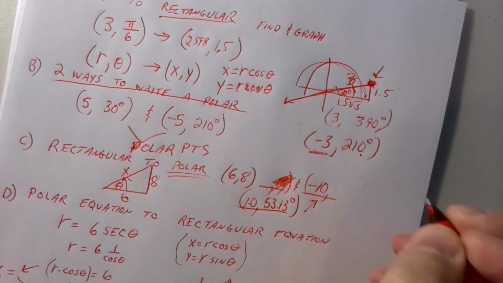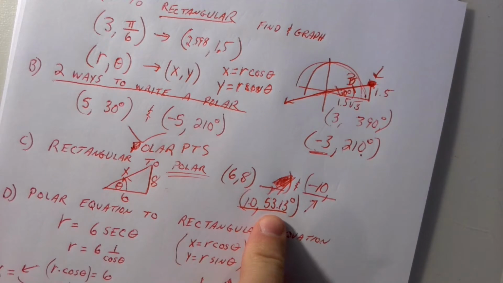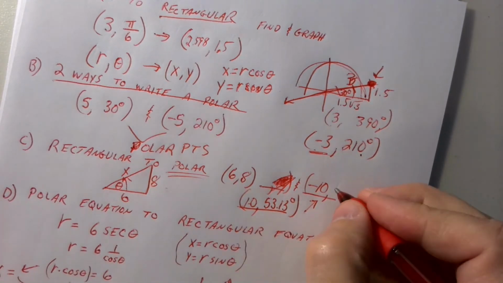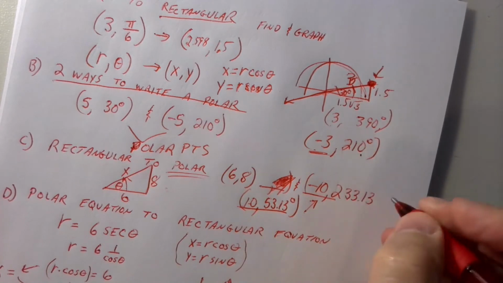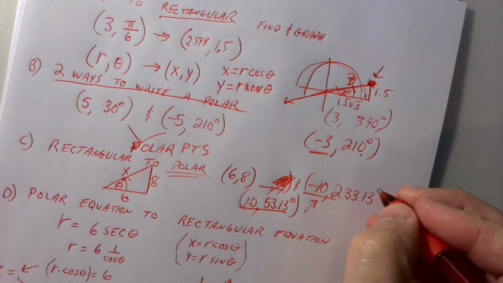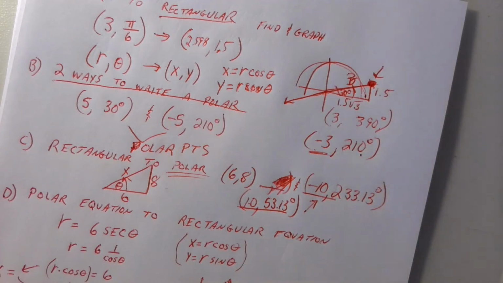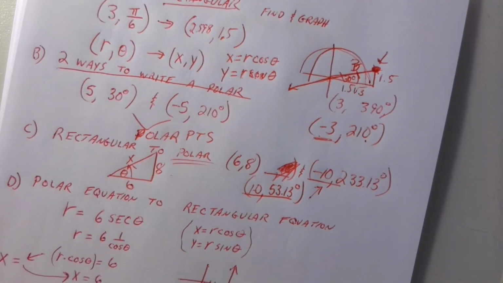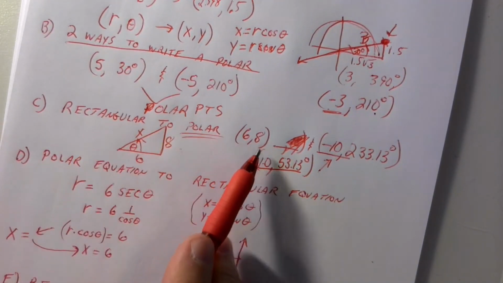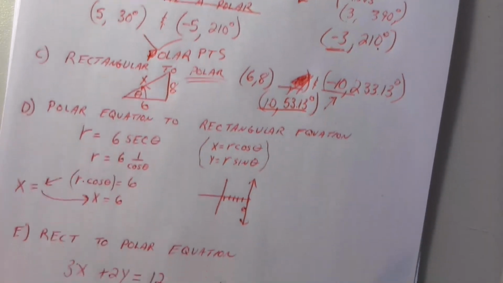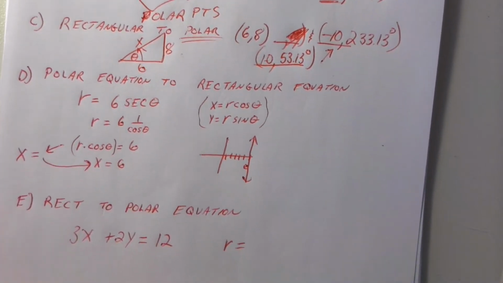I just need to go 180 more degrees beyond 53. So I'm going to add 180 to that on my calculator, and I get 233.13 degrees. Cool. So that's being able to take a rectangular coordinate, 6, 8, and turn it into polar coordinates. So there's 2 different polar coordinates for you.